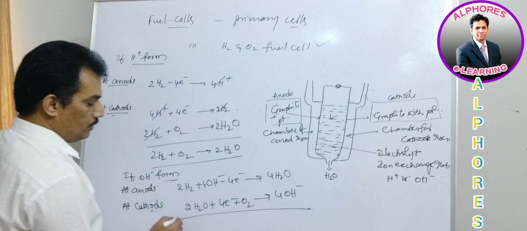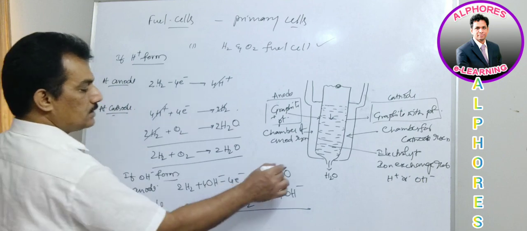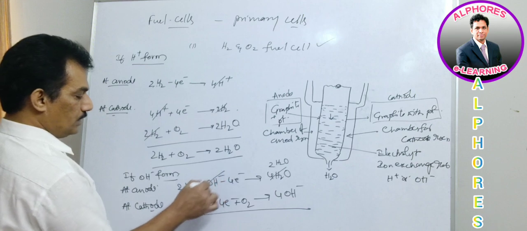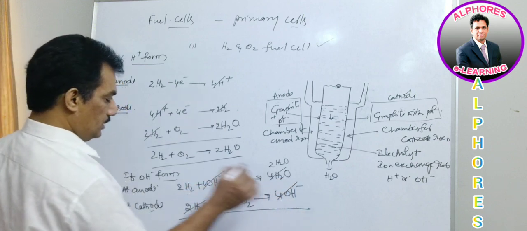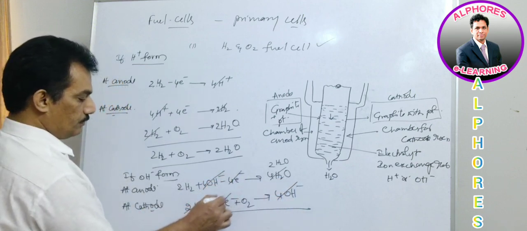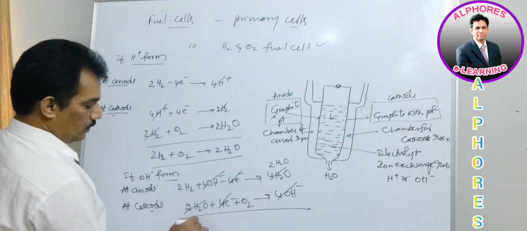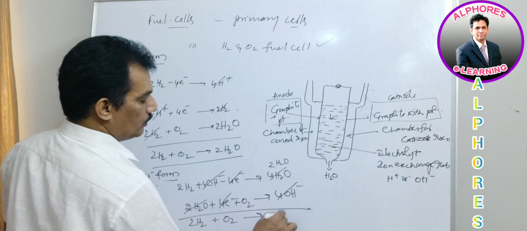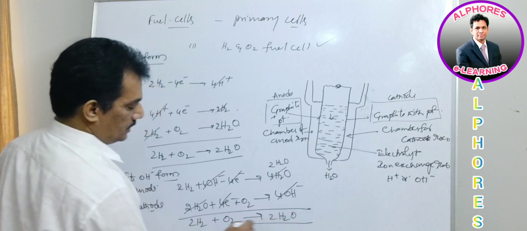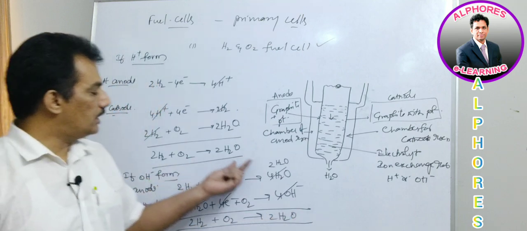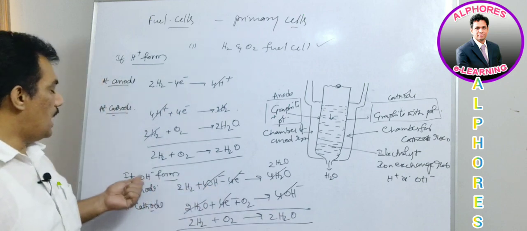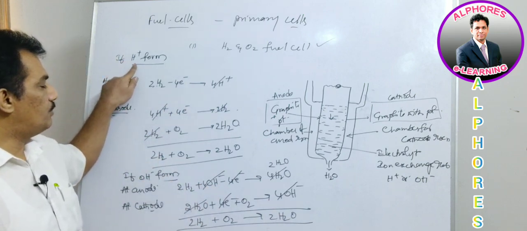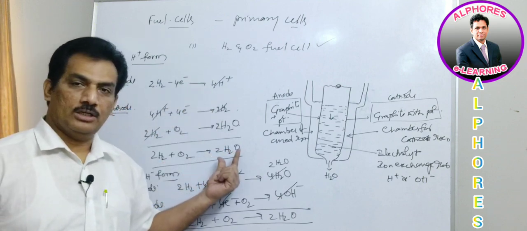Now in the combination, 2H2O cancels 2H2O, the 4OH minus cancels the 4OH minus, and the 4 electrons cancel. Now 2H2 plus O2 gives 2H2O. This is the electrode reaction when the ion is in OH form, and when it is in H plus form, this is the reaction.